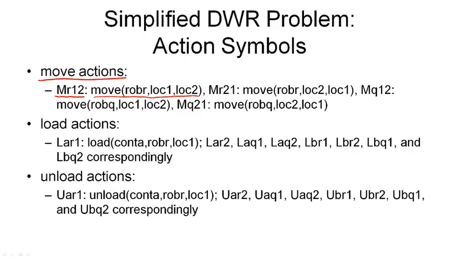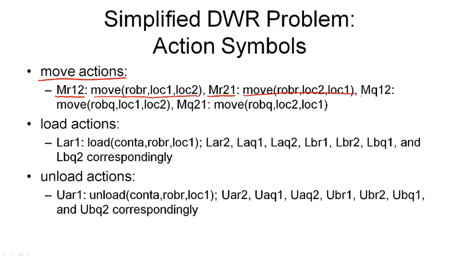Then there are the parameters represented by single letters here, namely R, we're moving robot R, and we're moving it from location 1 to location 2. Then similarly we have MR21, indicating that we're moving robot R from location 2 to location 1, representing this action, this instance of an operator.